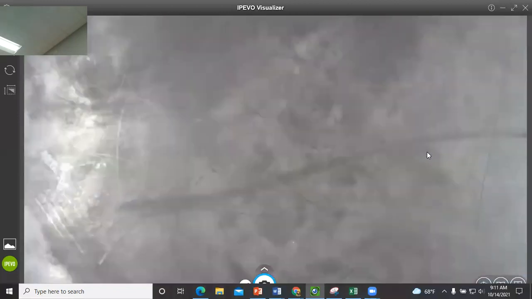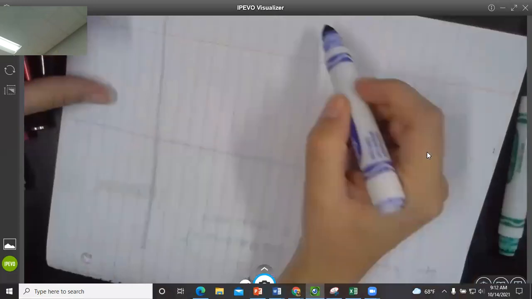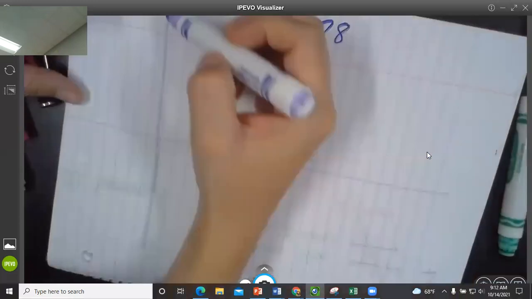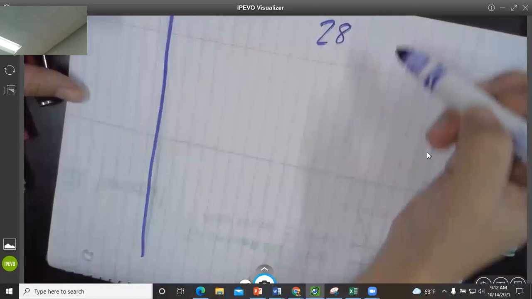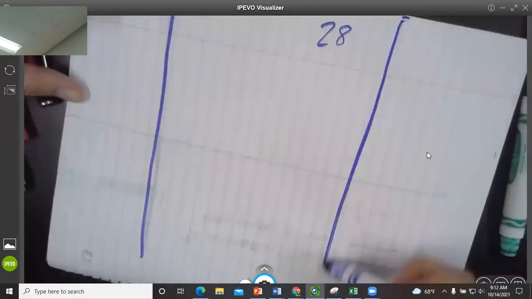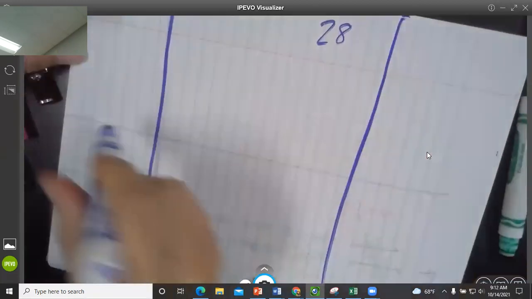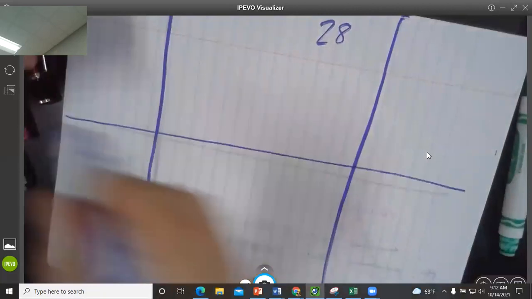And let me show you what those 4 kinds are. So for 28, we're going to have 3 columns. 1, 2, 3. 2 rows, so 6 boxes altogether.